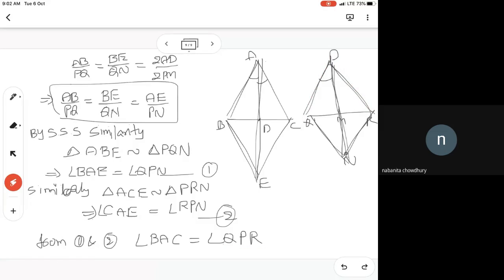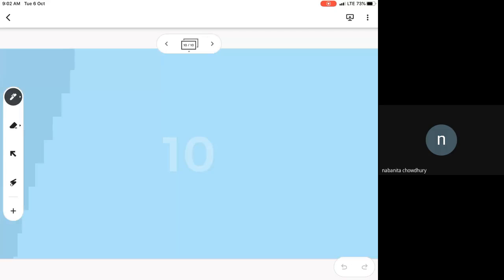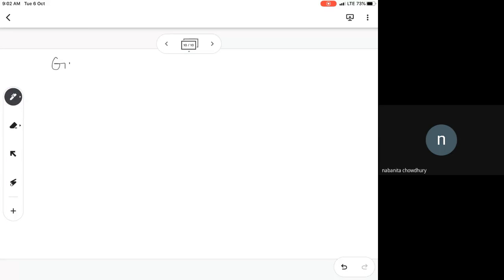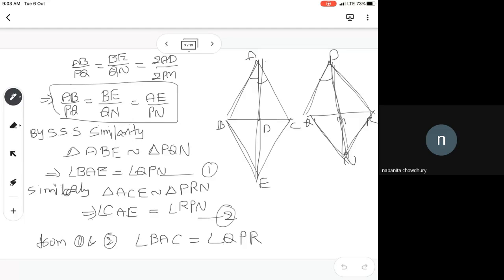So now what did you get from this? It is given that AB by PQ is equal to AC by PR, and we have to prove angle BAC, this one, is equal to QPR.